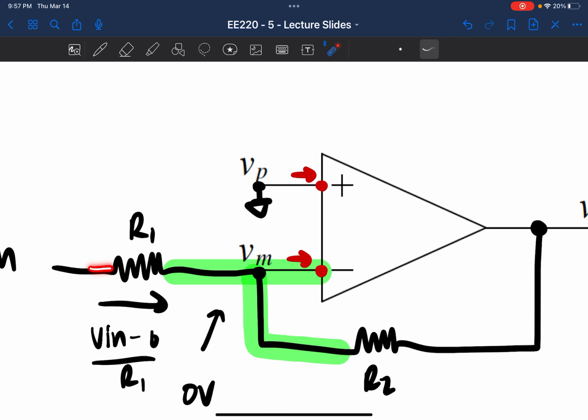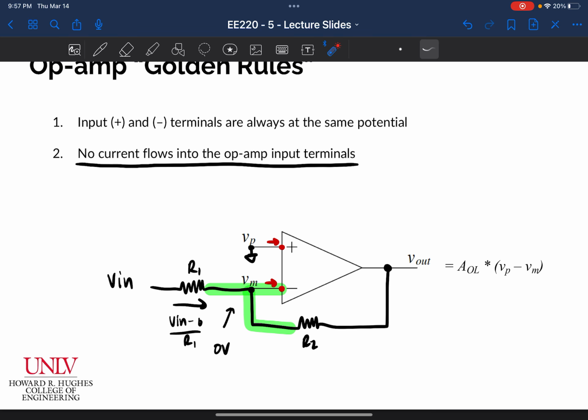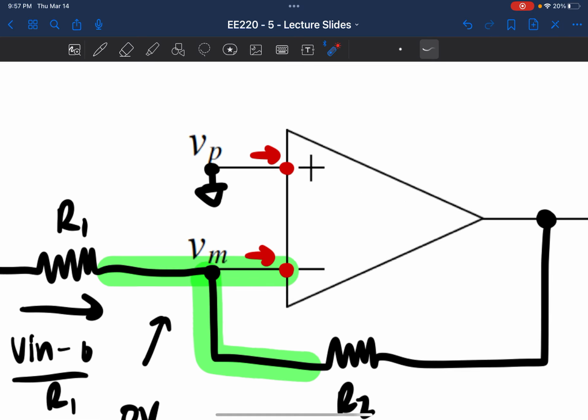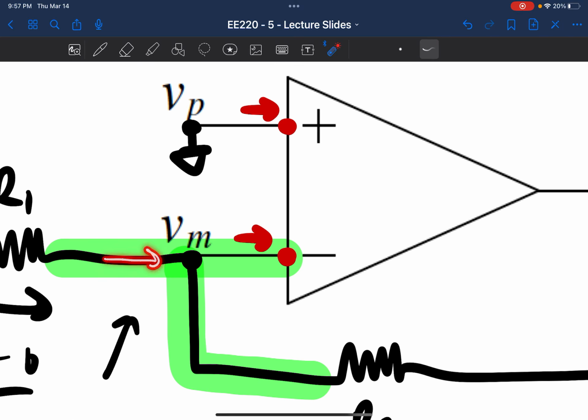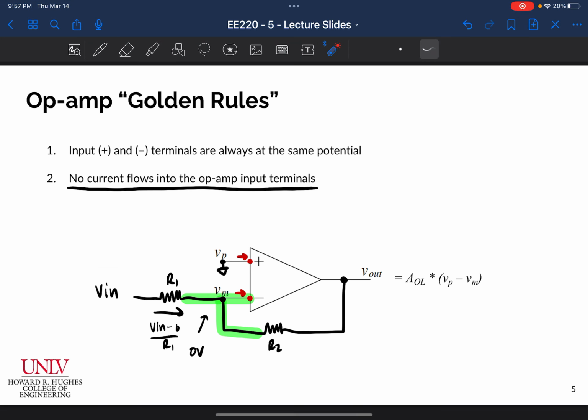So I would definitely get current flowing through my resistor, but I'm telling you as a golden rule that no current flows into the op-amp input terminal, which means I might have current here, but I will not have current here. So all the current that flows through my resistor is going to flow this way through my other resistor. None of it is going to flow into the op-amp, okay? Make sure that is clear because that is a very important concept.